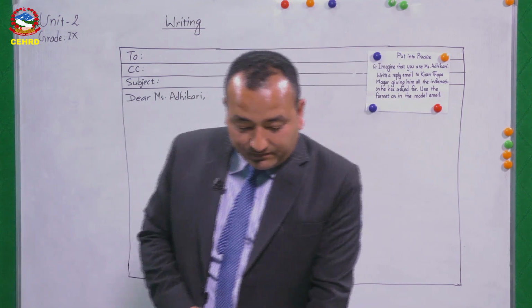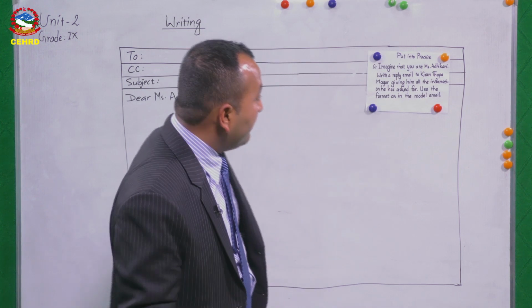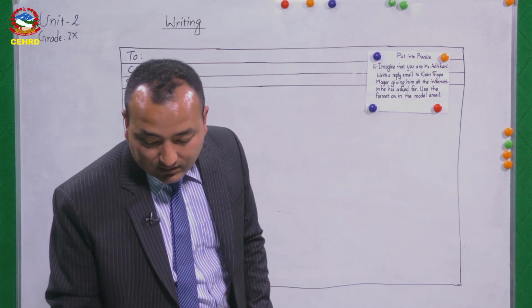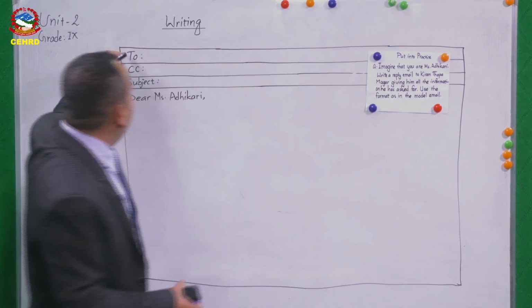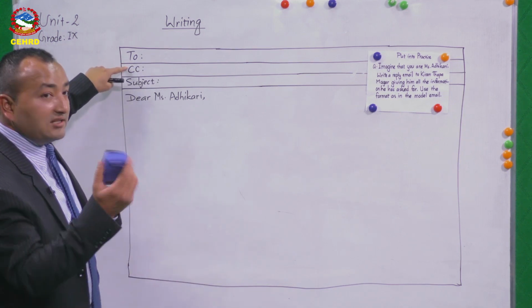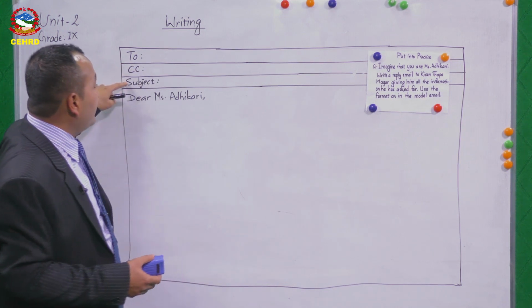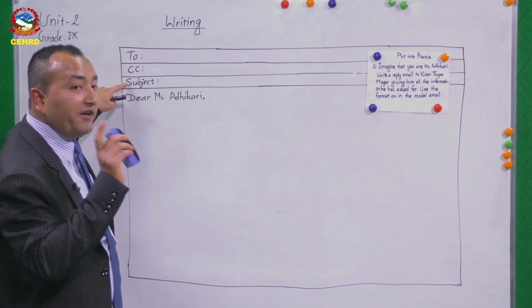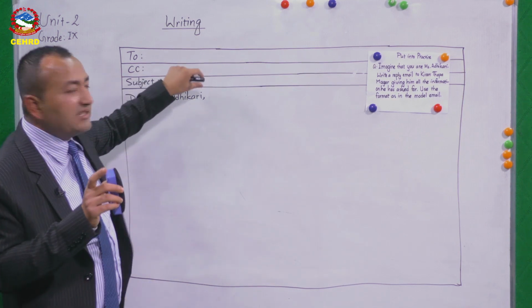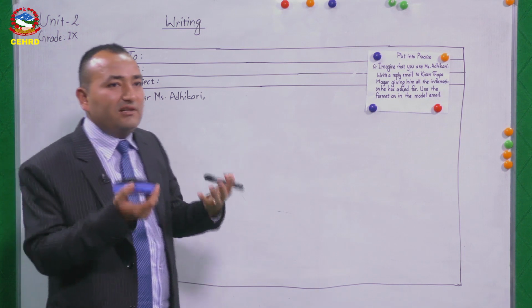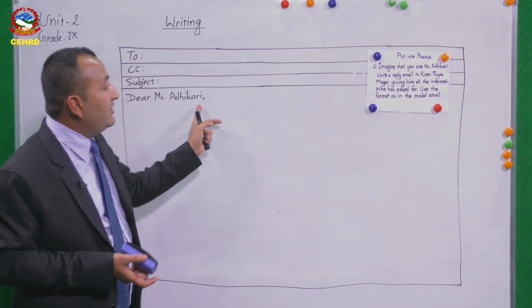Let's practice then. We can write this way. These are the additional addresses. Then the subject, we should write the subject in a very short sentence, or a few words. Then there is the salutation.